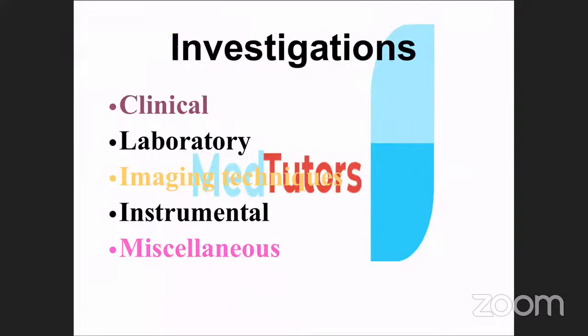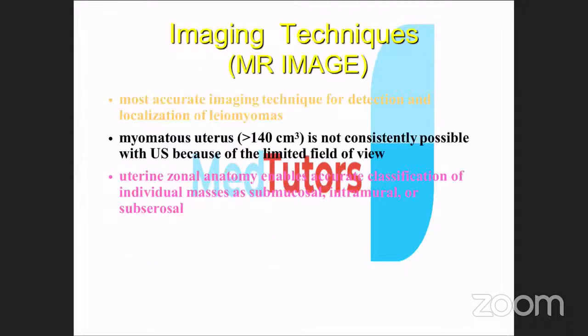What are the investigations? Of course, clinically, you take your history, you do laboratory tests and imaging studies, and you may also use some instruments at the bedside to help you make a diagnosis. You may do MRI when you have it, but for us here, it's a waste of time and money.